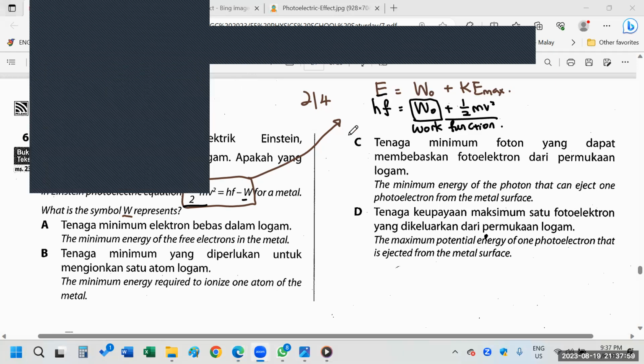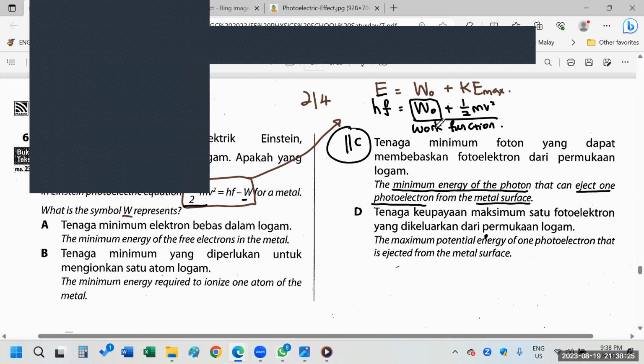Two votes for C. Correct. It is the minimum energy of the photon, meaning the light energy, that can eject one photoelectron from the metal surface.